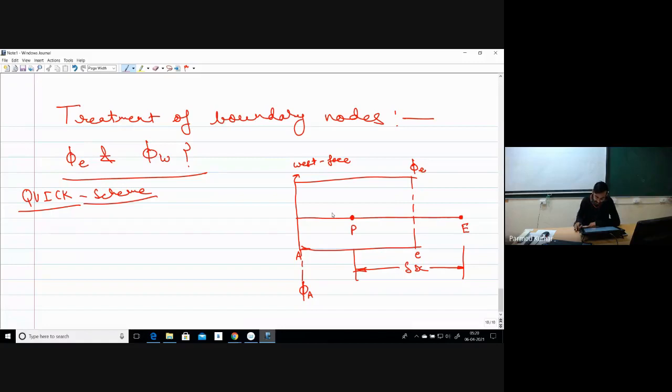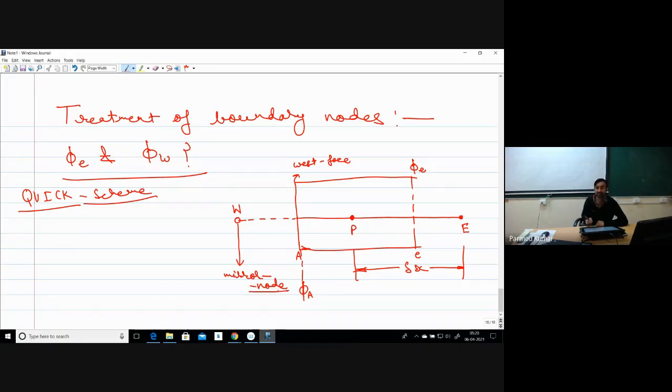So under this scenario, if I have to maintain the order of accuracy, what can I do? Can you tell me how I can proceed now? I am only having one node in the upstream direction. So I will be creating some node outside the domain. I am creating some node W over here outside the domain, and this particular node I will be calling a mirror node.